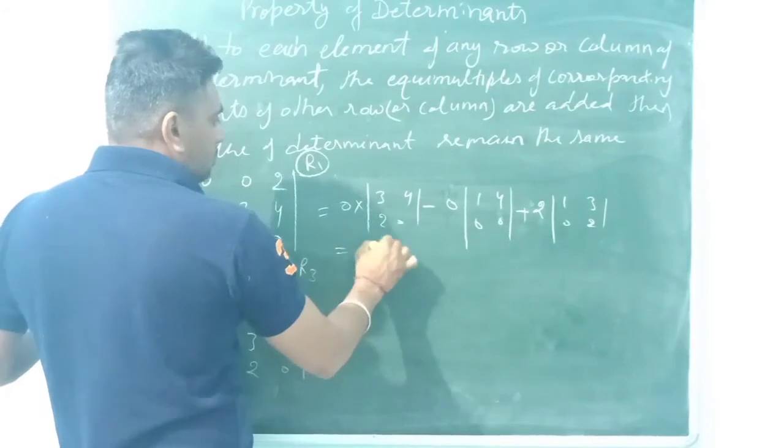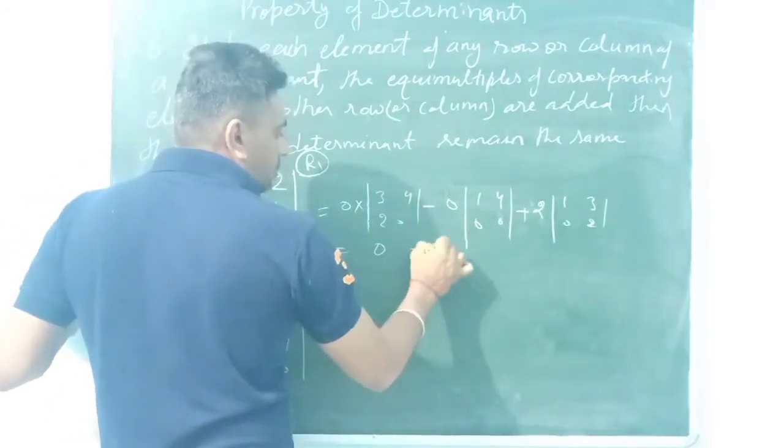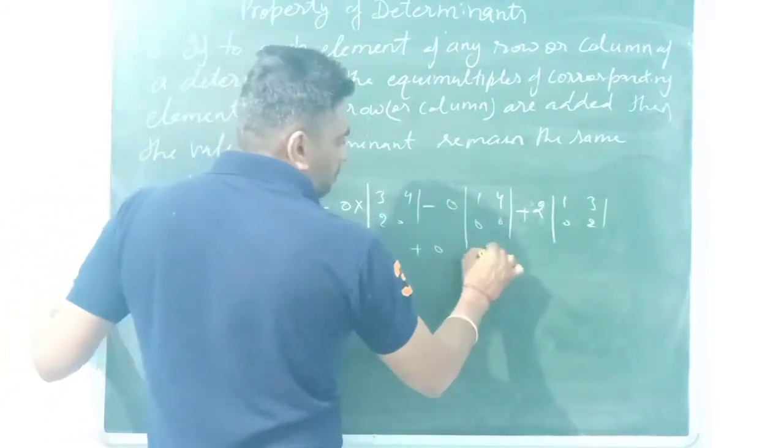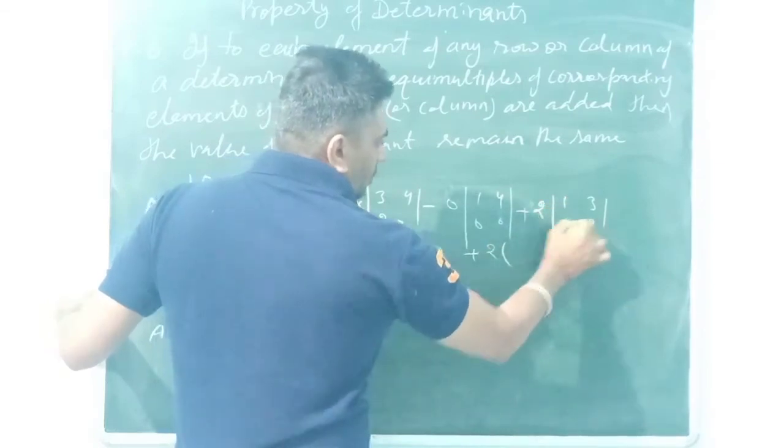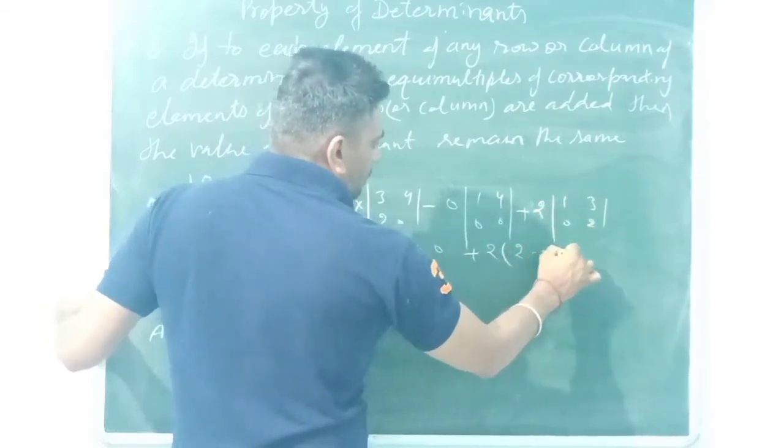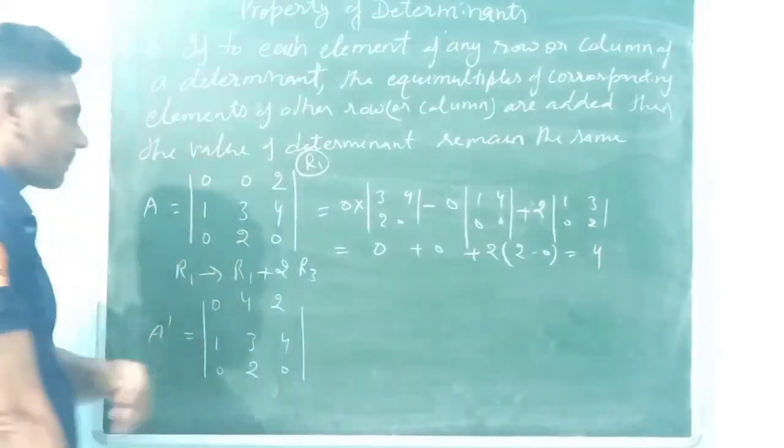This becomes 0 and this also becomes 0 and this becomes 2 into 1 2 minus 0, so it becomes 4.